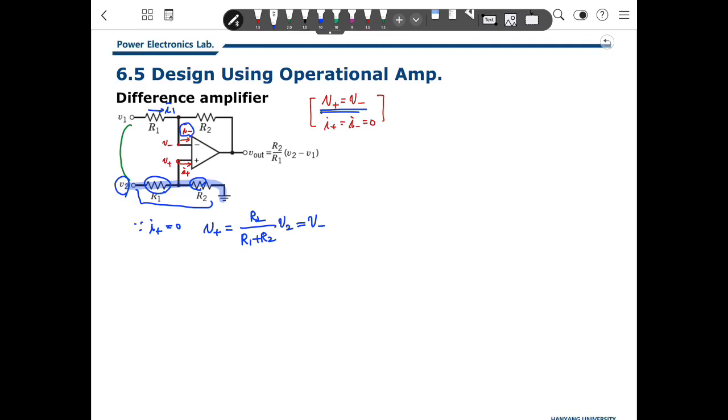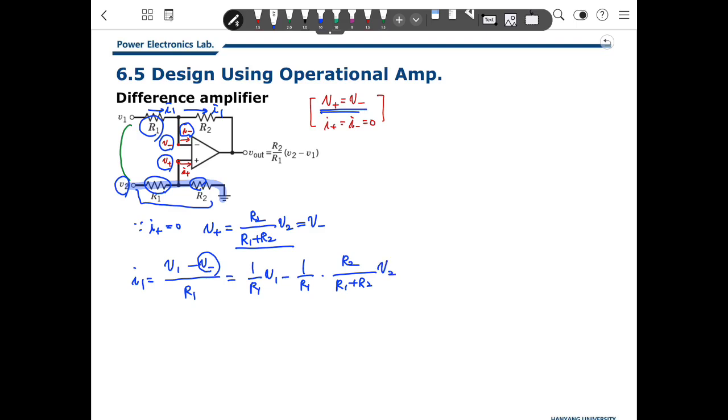Because I negative is 0, I1 flows this way here. So I1 is V1 minus V negative divided by R1.